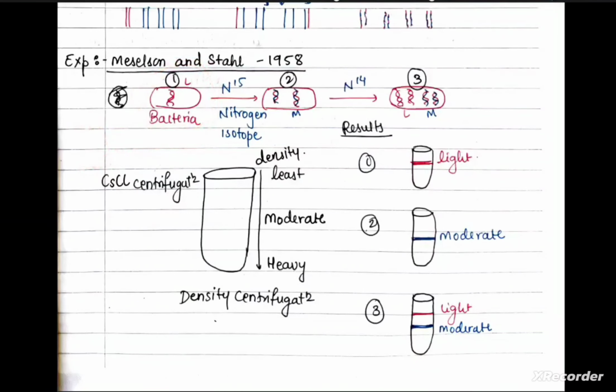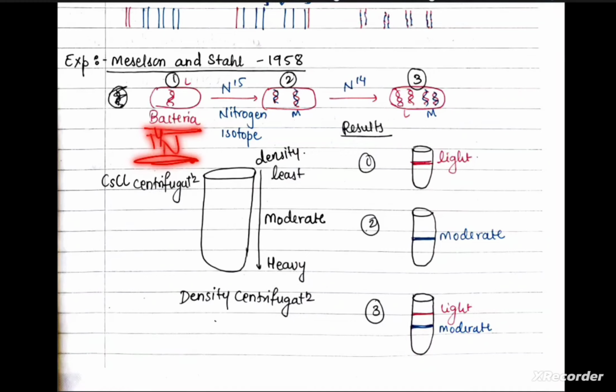Now, why do we need nitrogen? It shouldn't be a question in your head, because we have learned nitrogenous bases are important in DNA or any nucleic acid. As they replicate, this nitrogen gets incorporated into the nucleic acid structure, right? So they used this to design their experiment, and they cultured their bacteria in N14 initially.